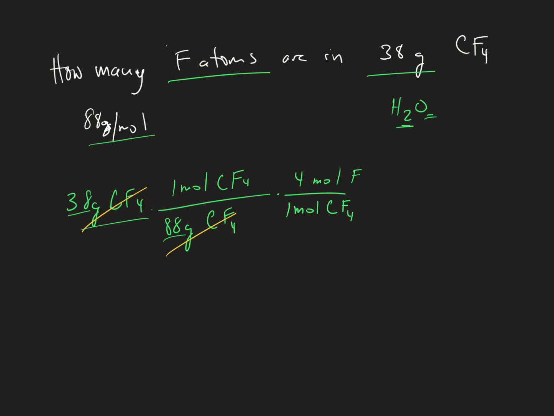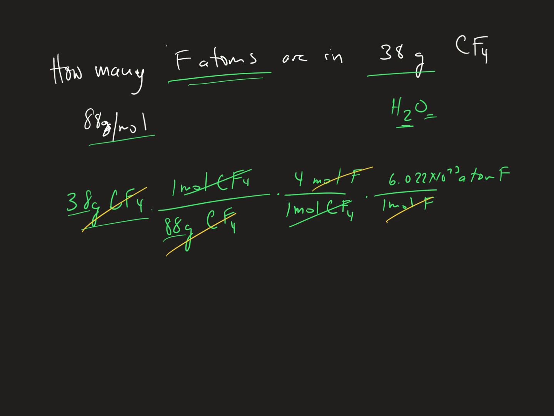But then we want to know how many atoms, so we do have to convert that to atoms. So for every 1 mole, so that goes away, for every 1 mole of fluorine, we have 6.022 times 10 to the 23 atoms of fluorine. Does that make sense?